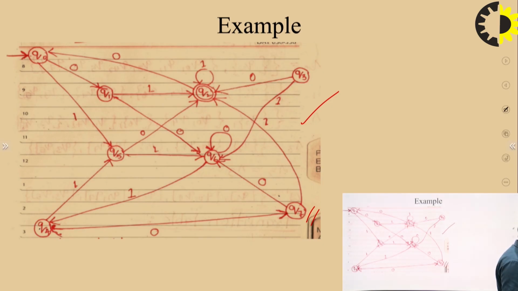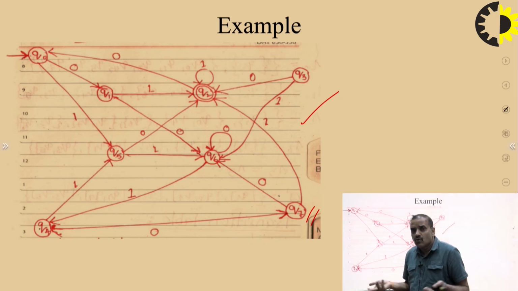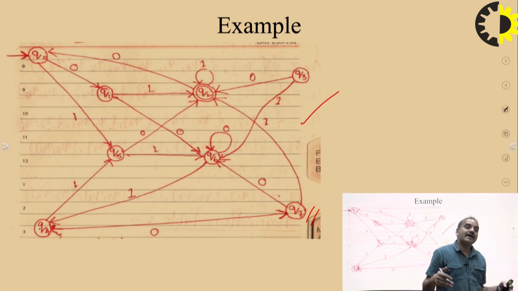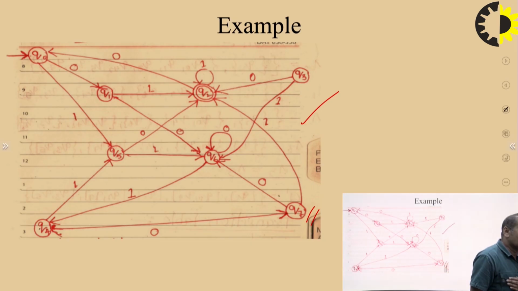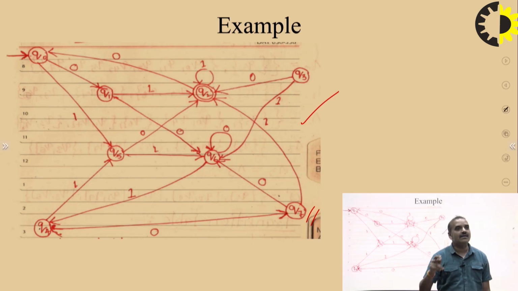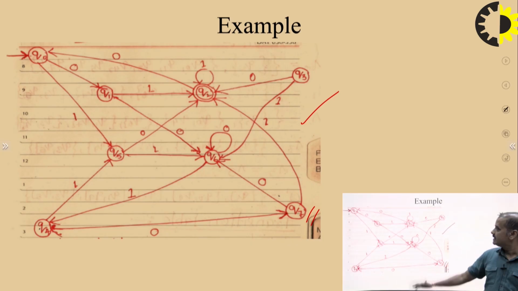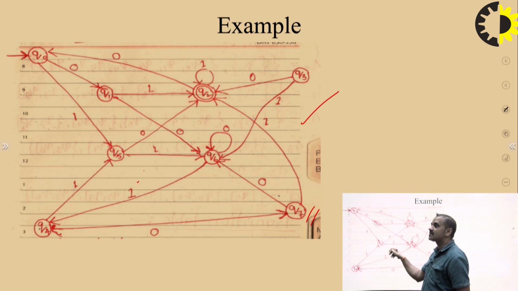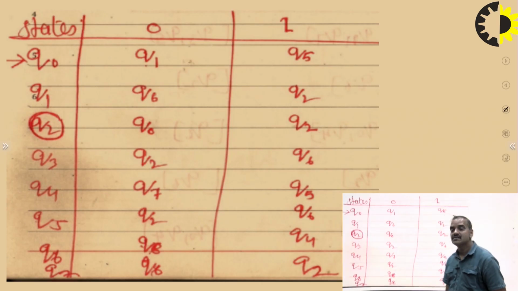If a table is given, there is no need to draw another table; we take decisions on the table. If a diagram is given, we first construct a table for the given diagram. Here the diagram is given, which is the machine we want to minimize.